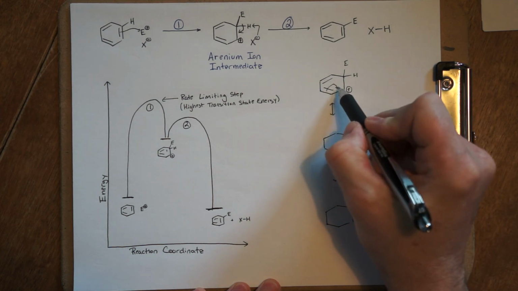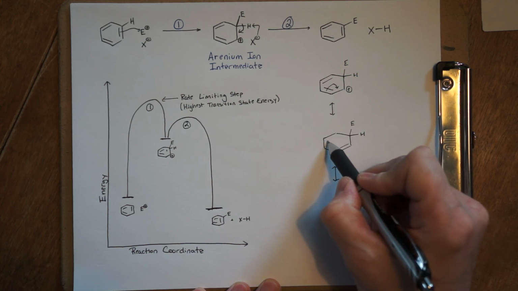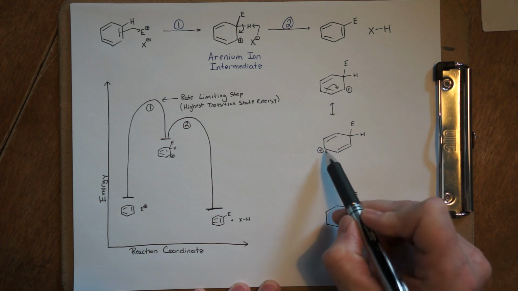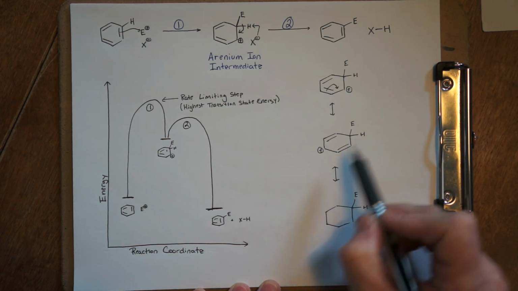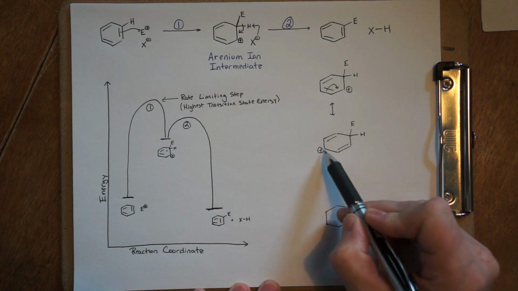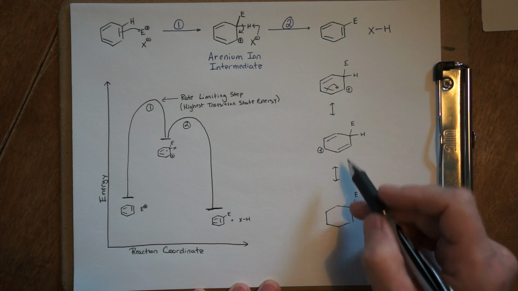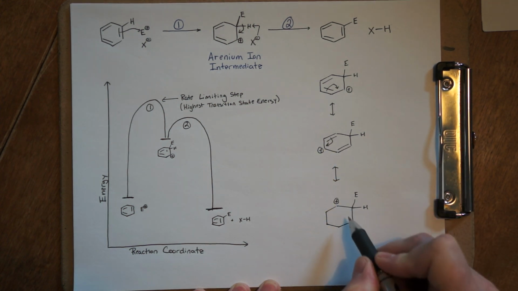If we move it around, right, now our pi electrons are on the opposite sides of the ring, right? And our positive charge is across the ring from the electrophile, right? So the alpha, beta, gamma position, right? And then if we continue to move that around the ring, we could get that positive charge to show up in the other alpha position.